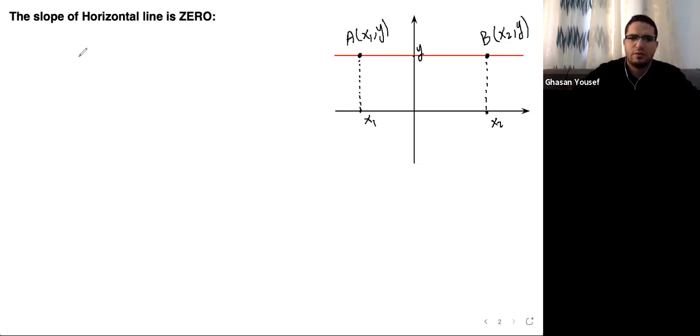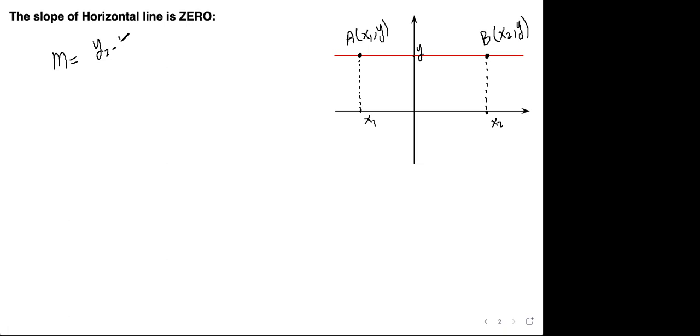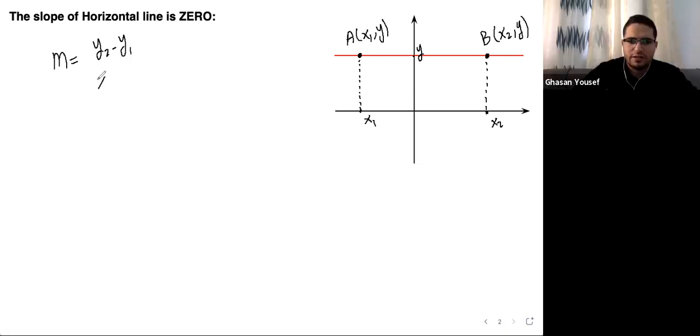Now I'm going to apply the formula for the slope. The slope m is y2 minus y1 over x2 minus x1. Now, what is my y2 in the point B?